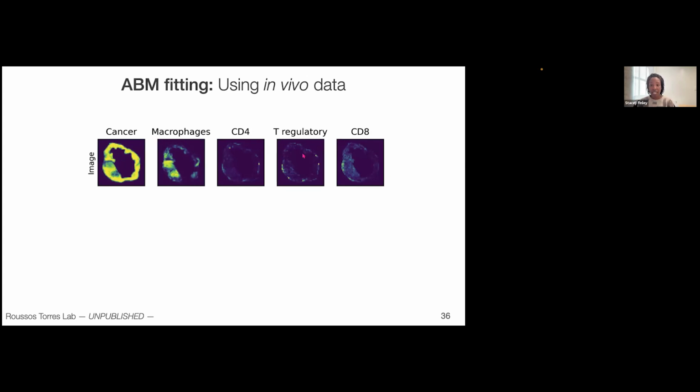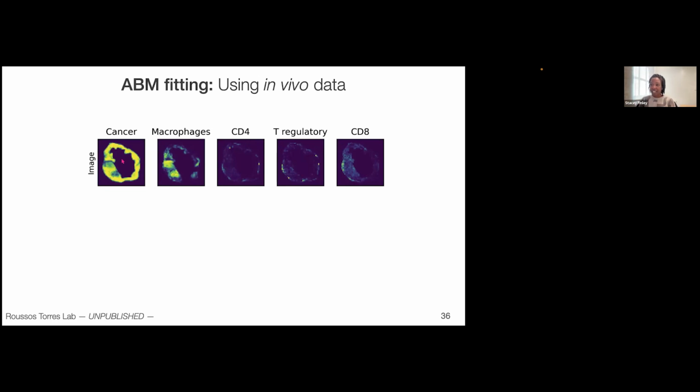So what Evanthea has done is to inject mice with a breast cancer cell line, allow the tumor to grow for a period of time, sacrifice the mouse, extract the tumor, and then slice the tumor and perform multiplex immunofluorescent staining, where she can identify which cells are expressing markers on their cell surface that identify them as macrophages versus CD4 positive T cells versus CD8 positive T cells, and so on. And then we use that image and try to fit it with our mathematical model.